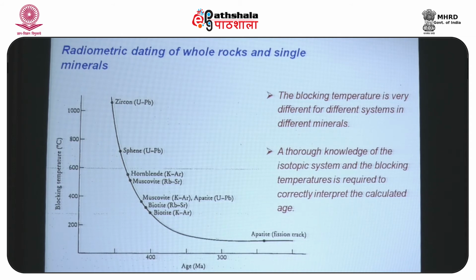Now, none of these ages are incorrect, but if we do not know the concept of the blocking temperature, we will not be able to correctly interpret these different ages. Now, if we know this, we can get additional information. For example, we can join these points and find out the cooling curve of the rock, which means how the rock has cooled with ages.